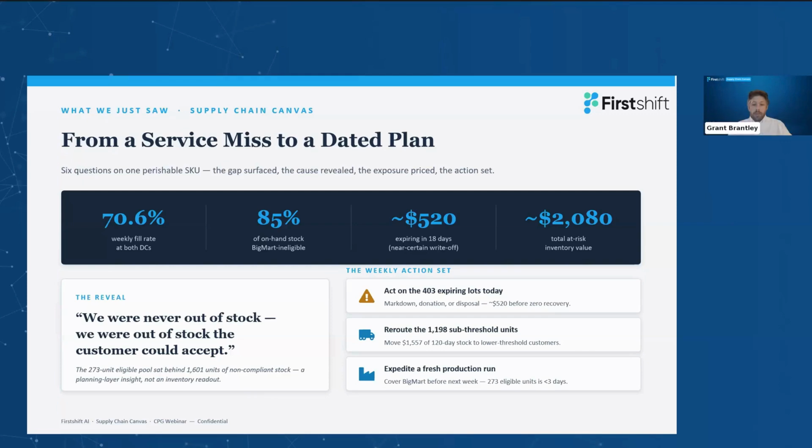Yeah, so this is the piece where Canvas has access to everything within the system, right? So it's looking through all of the data. It's doing the reasoning around what the customer-specific shelf life requirements are to help us understand it. So it's not just looking at one specific thread, but looking through the holistic view of the supply chain, right?